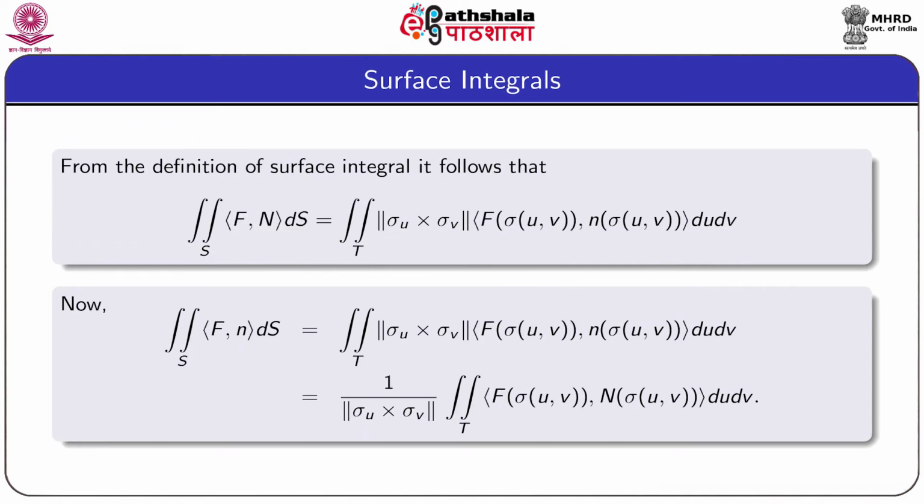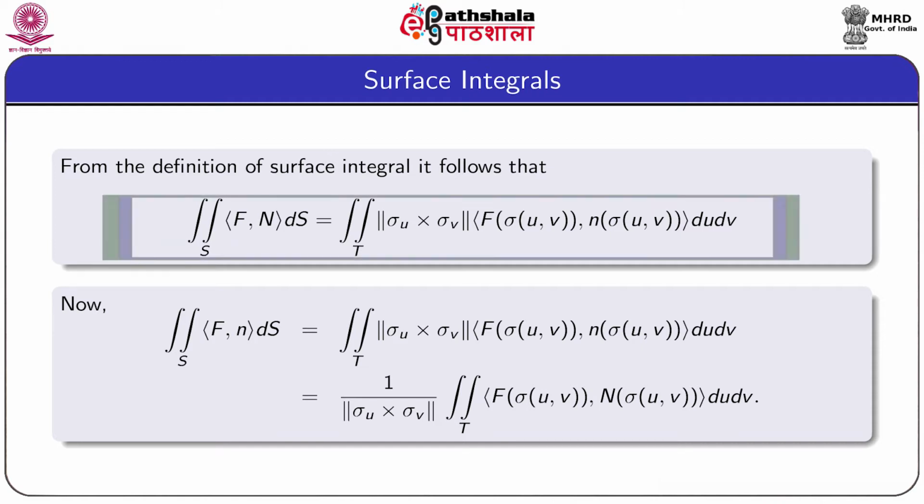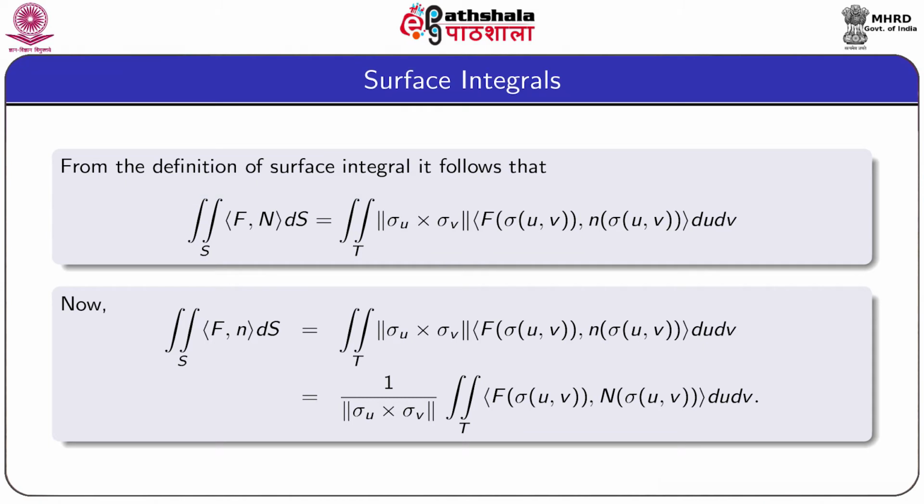From the definition of surface integral, it follows that the integral over S of the inner product of F and n equals the double integral over T of norm of sigma_u cross sigma_v times the inner product of F(sigma(u,v)) and small n(sigma(u,v)) du dv.